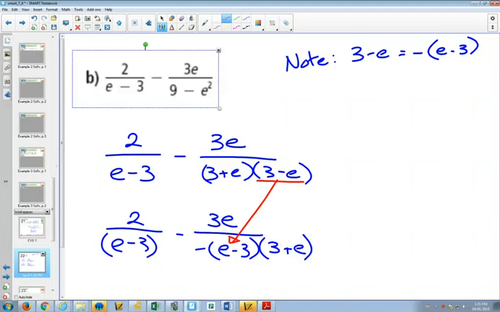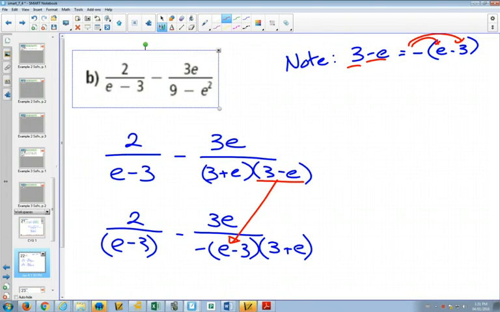So I change that 3 minus e to a negative e minus 3. Because if you distribute this negative, a negative times e gives you the negative e, and the negative times the negative 3 gives you a positive 3. And that matches up.